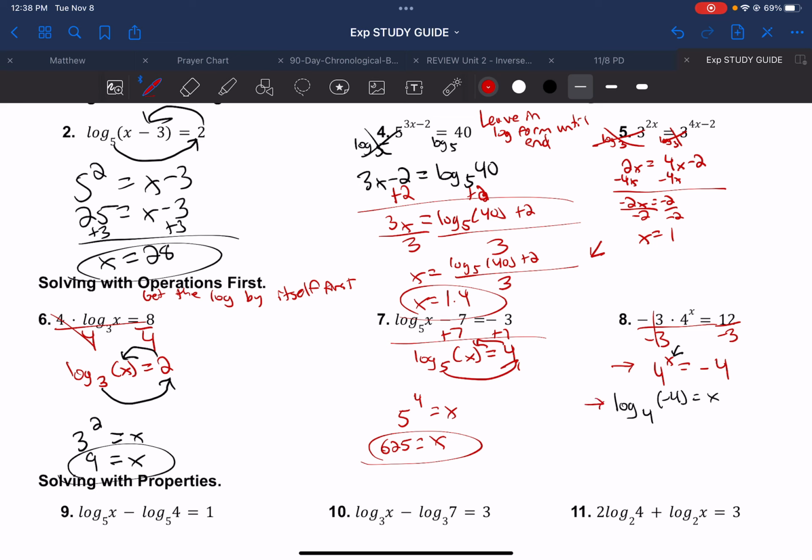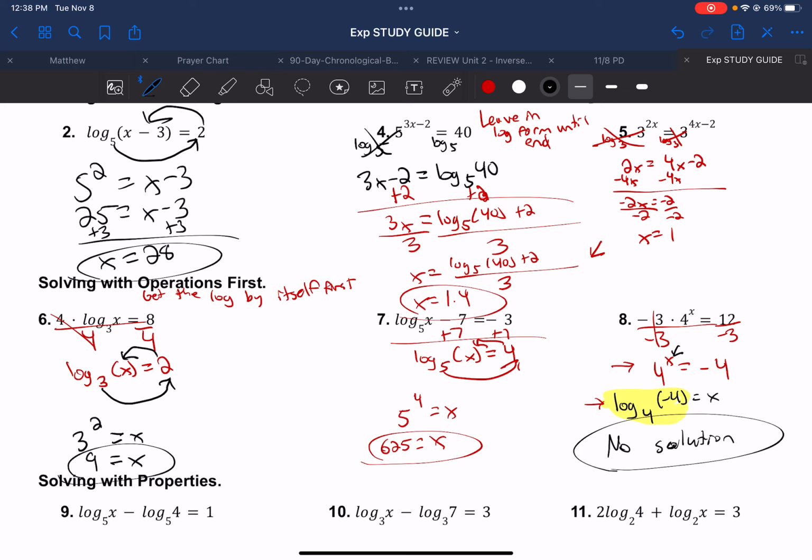Is there any way you're going to plug in an exponent here and end up with a negative number? No. But also, when you type this part in your calculator, let me highlight that for us really quick, it's going to say non-real answer. It's going to give me an error. So that just means that there's no solution.